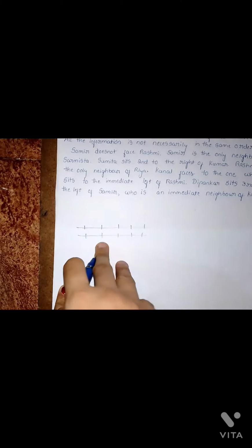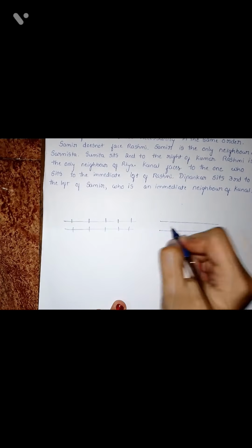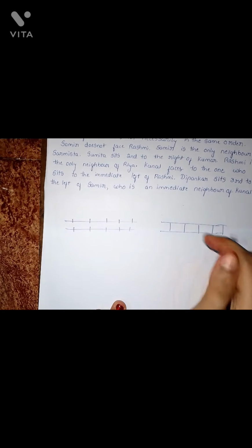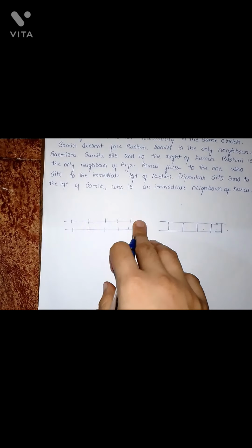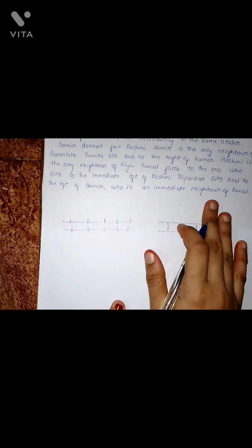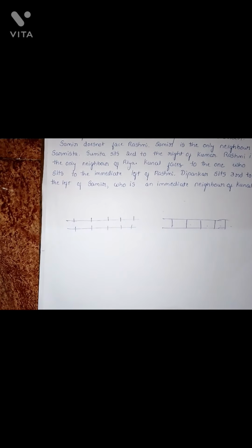According to me it is a waste of time, because you can do it like this also. In a single way you can do it like this: 1 2 3 4 5, don't do this two times. This is the easy method, and it is also time saving.